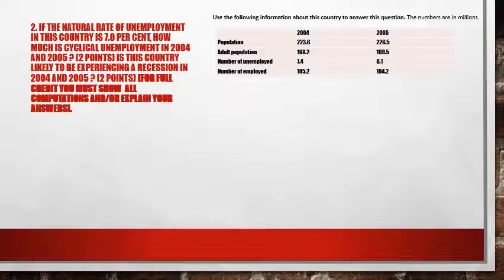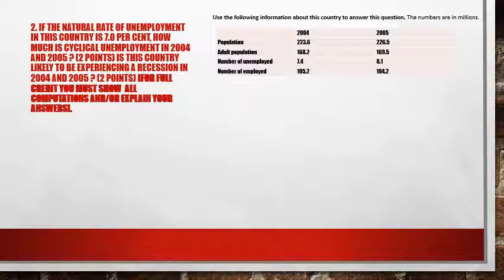Okay, question 2. If the natural rate of unemployment in this country is 7%, how much is cyclical unemployment in 2004 and 2005? Is this country likely to be experiencing a recession in 2004 and 2005?